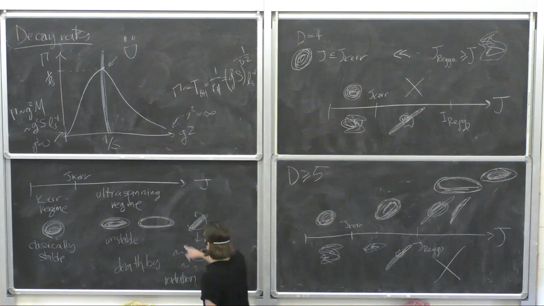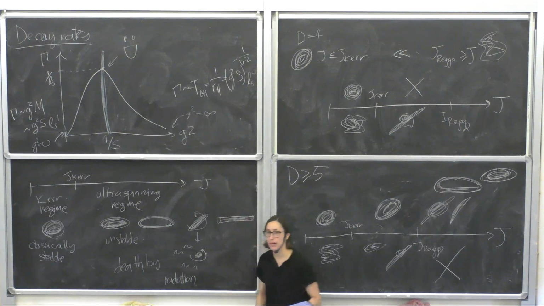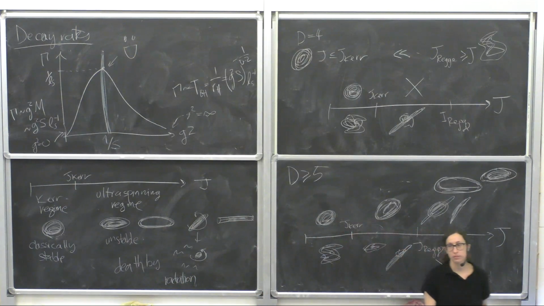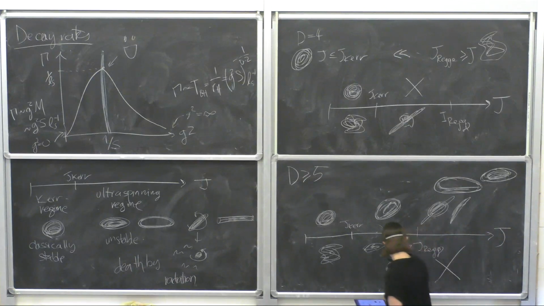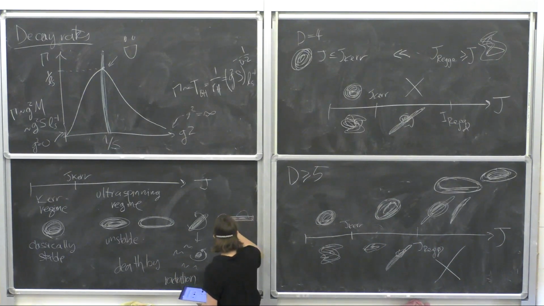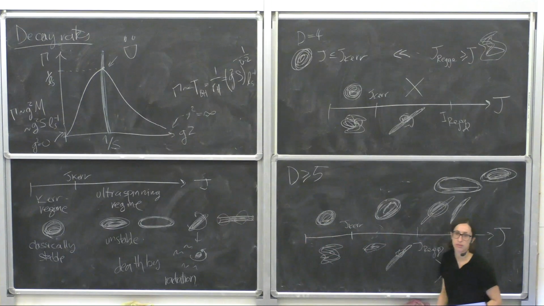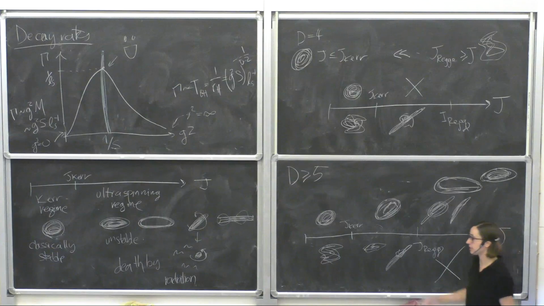Now what about black rings? So let me zoom in on the ring. Let me draw a very thin ring. What happens if you poke the ring? If you put some perturbation on top of the ring, what happens if the ring is thin?